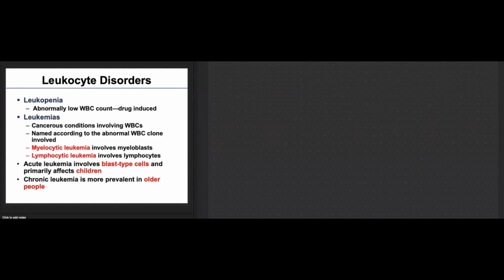Remember, if we go back to the leukopoiesis, remember we did have two main pathways. We did have the myeloid stem cell pathway, and this myeloid stem cell will give rise to the eosinophils, basophils, neutrophils, and monocytes. And we did see the lymphoid stem cell pathway, which will be proliferating, giving rise to the lymphocytes.